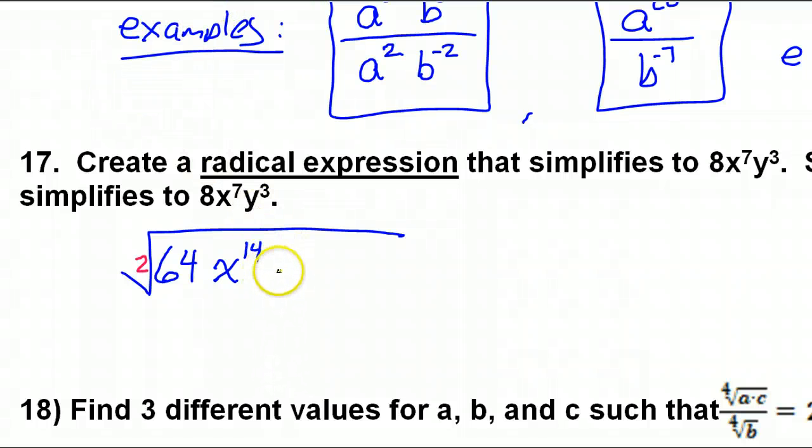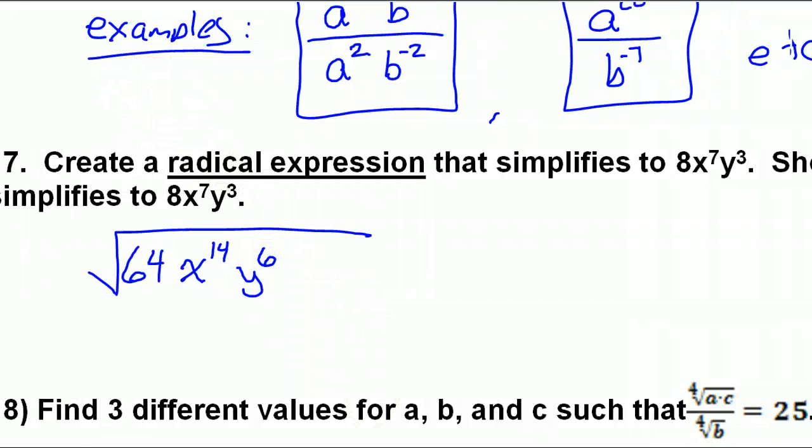What kind of y am I going to have to put here so that I wind up with y to the 3rd power? It would have to be y to the 6th power. Again, if I divide by the invisible 2, that's understood, 6 divided by 2 would be 3. So we don't write the 2, but this is one example that would give me 8x to the 7th power y to the 3rd power.